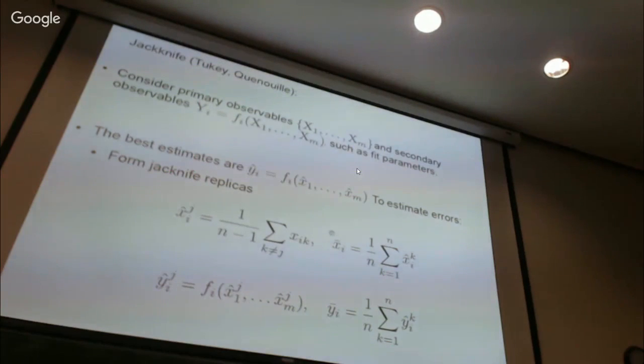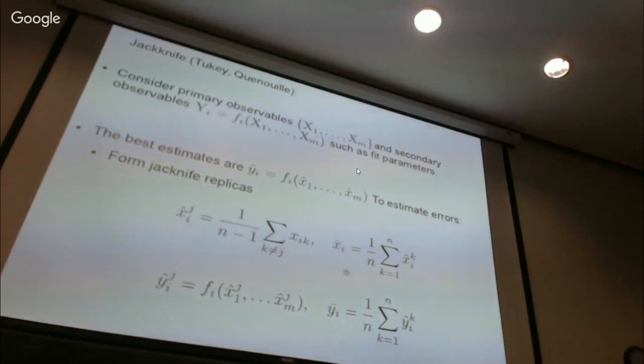I'm going to introduce this bar here, which is the mean over all of the jackknife replicas, right? Now again, this should not be used as your best estimate of the quantity that you're interested in. That is reserved for the sample means without doing any resampling. So this is just used in estimates of the jackknife error, which we'll discuss later.